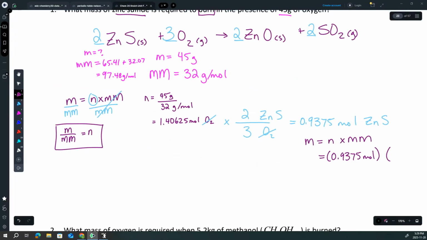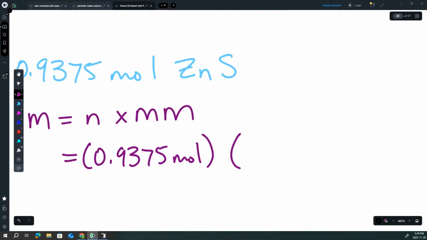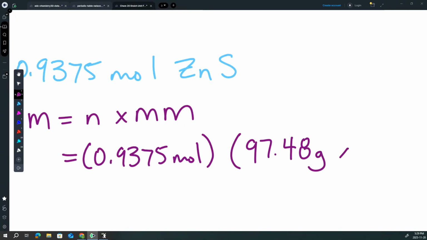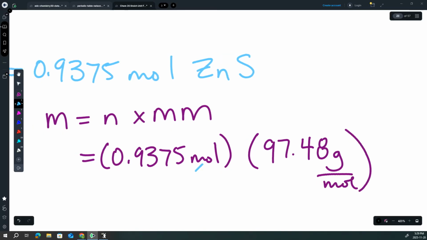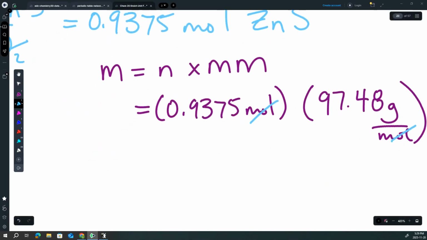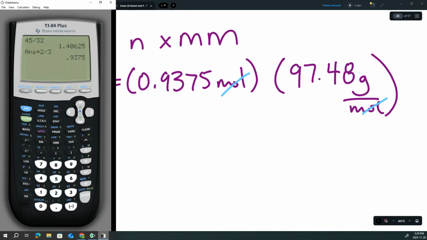The molar mass of zinc sulfide is 97.48 grams per mole. All right, so moles are going to cancel out. And when we multiply those together, we get 91.3875.